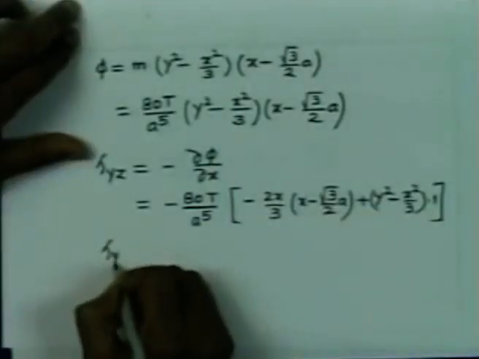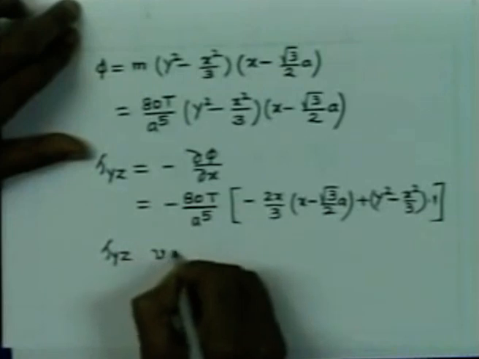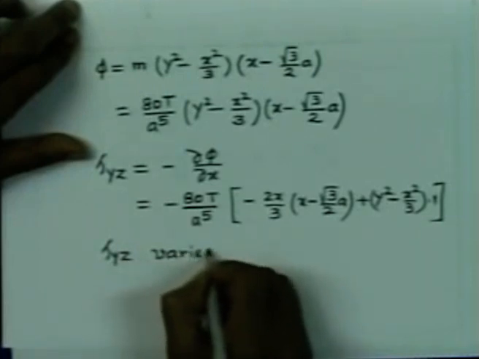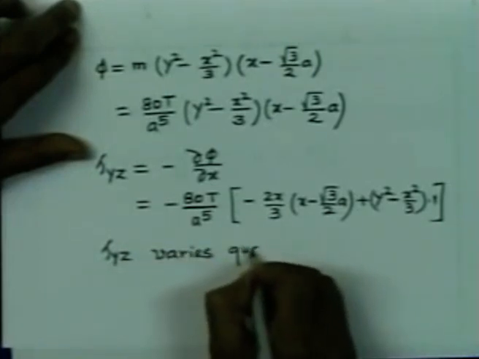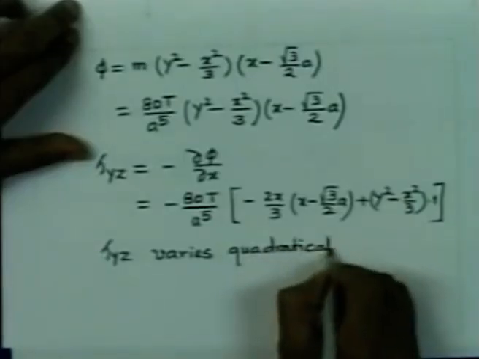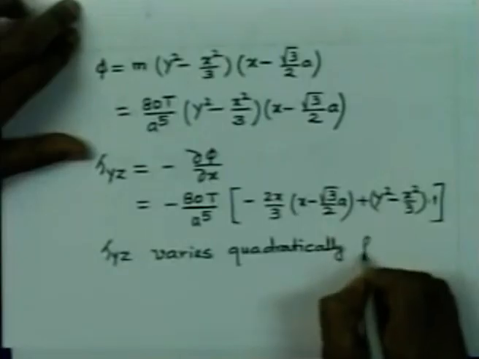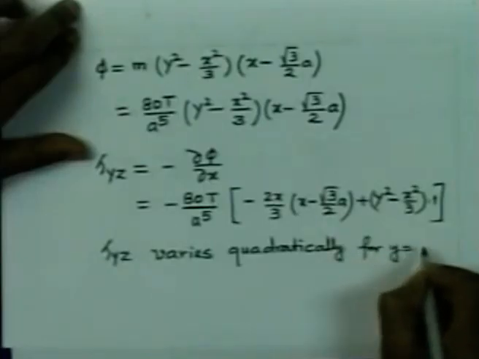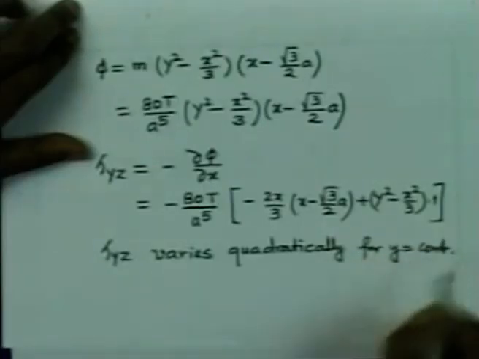quadratically for a particular value of y. So, tau yz varies quadratically for y constant.